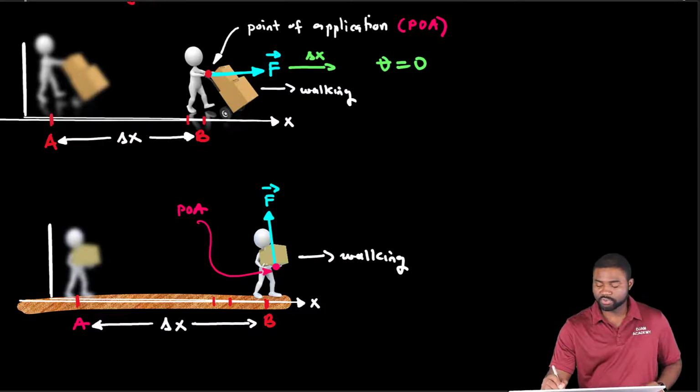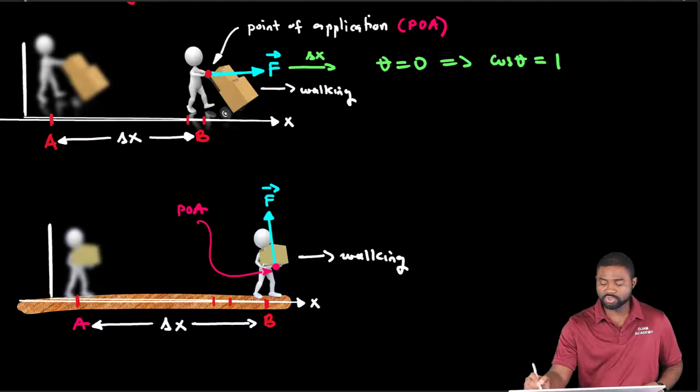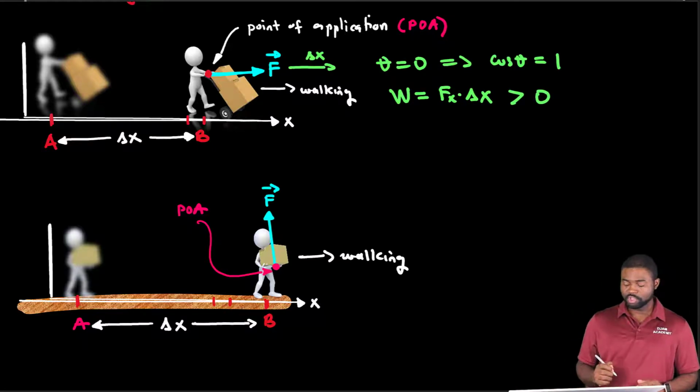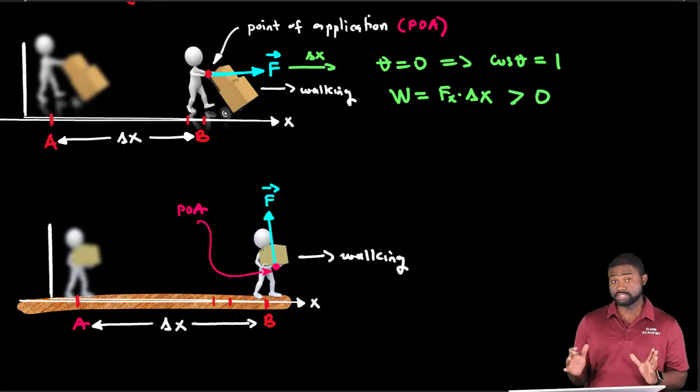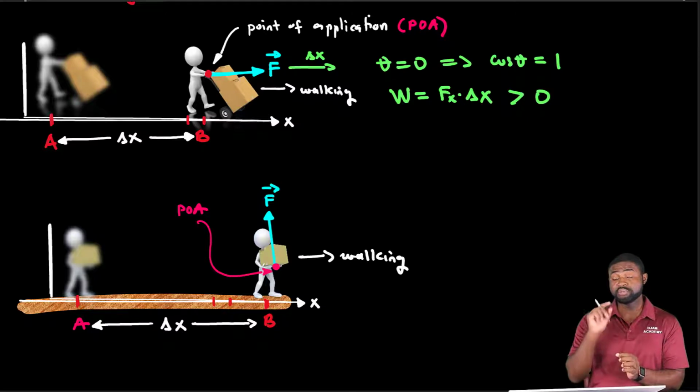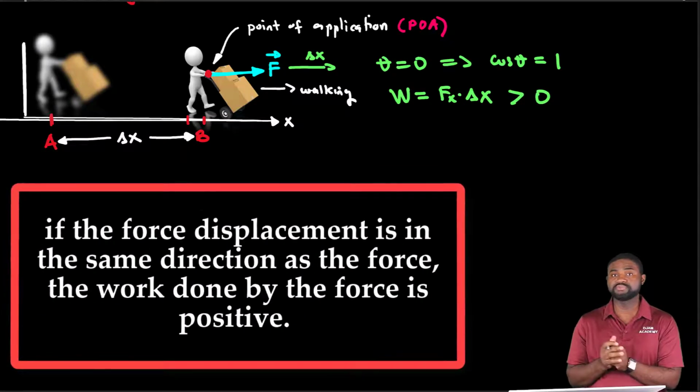If theta is equal to 0, it implies that cosine of theta is equal to 1. In which case, the work done is just going to be equal to Fx multiplied by delta X, which is greater than 0. So what can we conclude in this case? When the displacement of the point of application of the force is in the same direction as the force, the work done is positive.